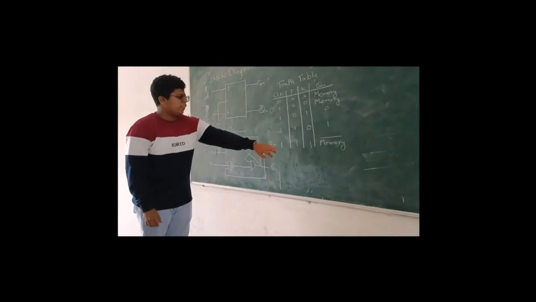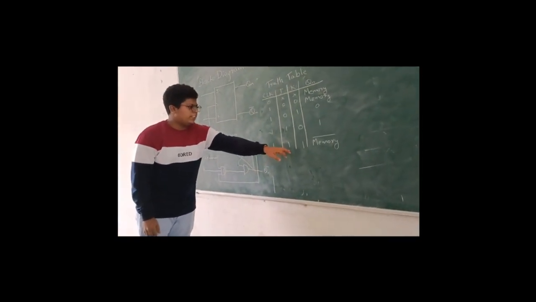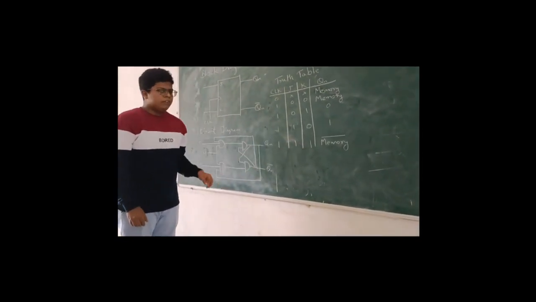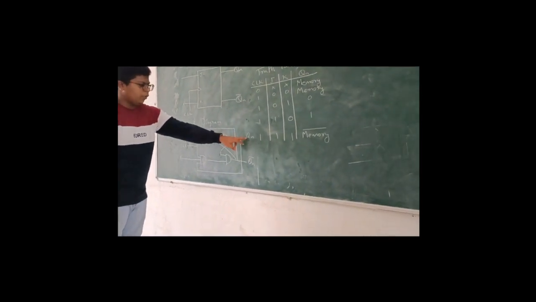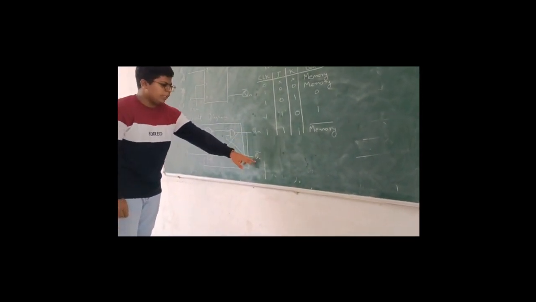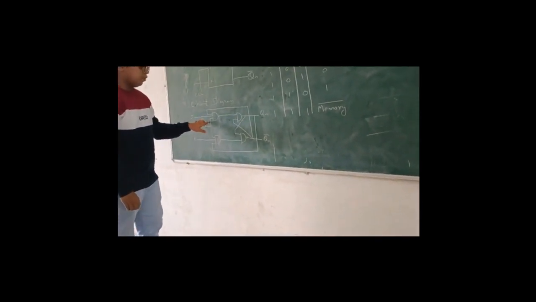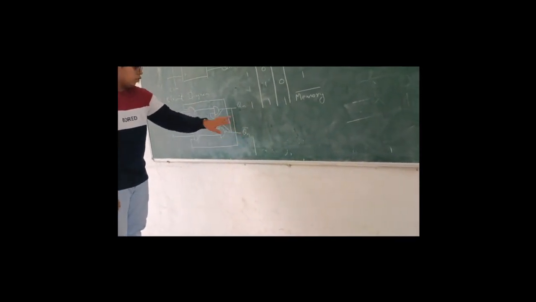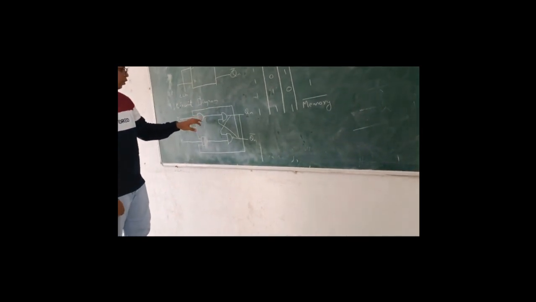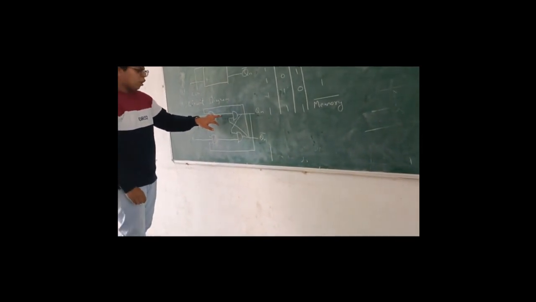As the last condition, when clock pulse is 1, J is 1 and K is 1, we assume the output Q1 to be 0. If Q1 is 0, then Q1 bar will be 1. So J is 1, K is 1 and Q1 bar is also 1. All ones to the NAND gate will result in output 0.